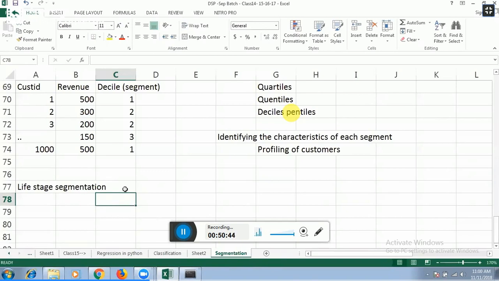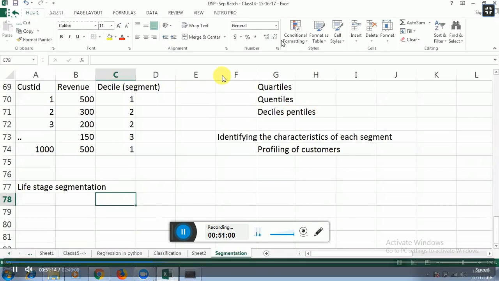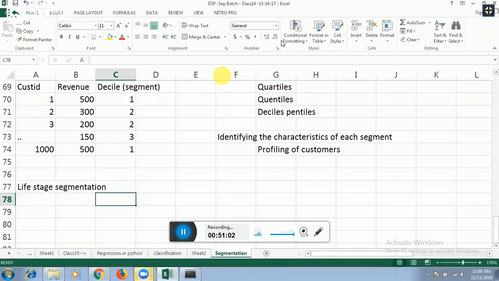Based on that, I understand that customers in different life stages have different types of behavior. If you are a student, your behavior is different; if you are an employee or a married customer, your behavior can be different. That is the underlying theory when we refer to life stage segmentation.